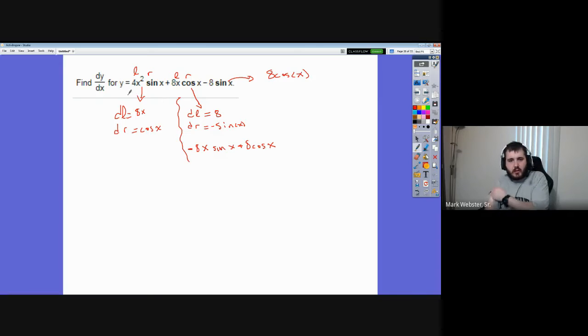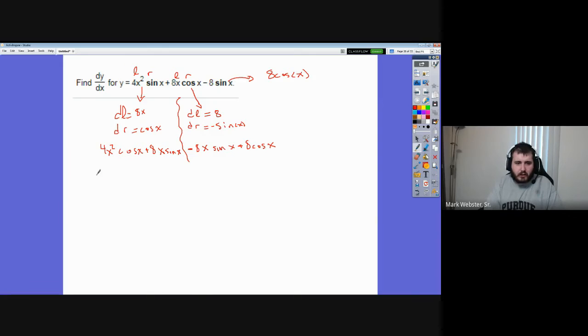And then just left D right plus right D left. Left D right for x squared cosine x. Right D left, 8x sine x. And I don't know if you're noticing how a bunch of these are looking to cancel out, but look at what we got. We got this plus this minus this.